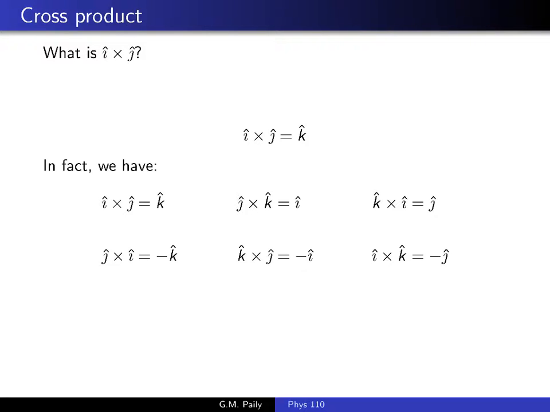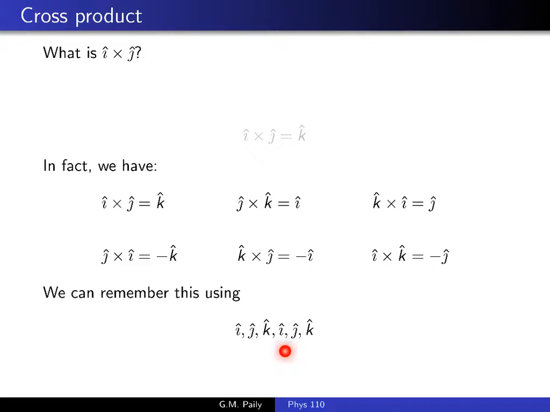How do we remember these products? We can remember them using a simple trick: i, j, k, i, j, k. i cross j is k, j cross k is i, k cross i is j, and so on. That gives us these three relations. And now if we go in the reverse direction, we pick up a minus sign.